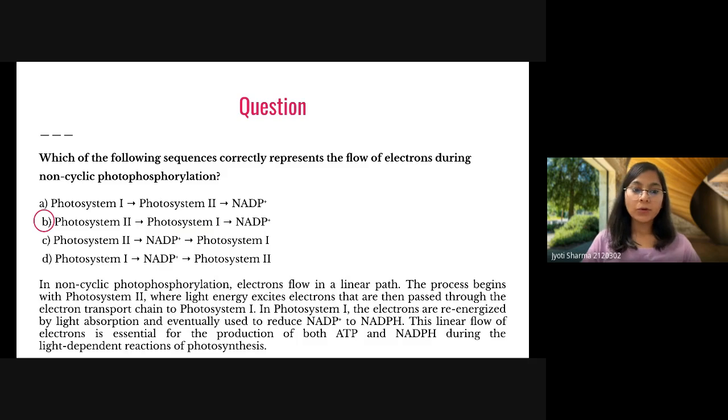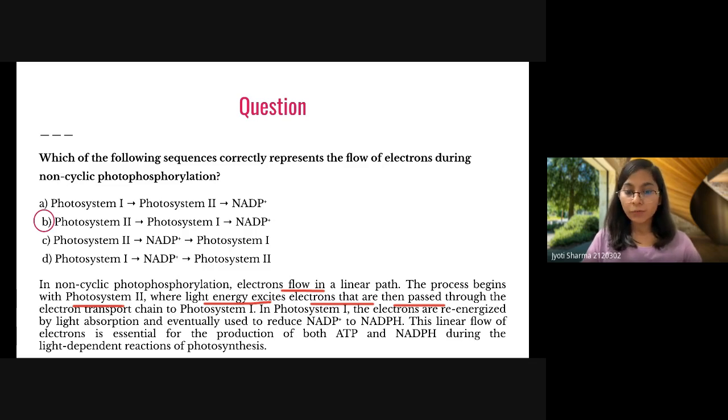So in non-cyclic photophosphorylation, electron flows in a linear path. This process begins with photosystem 2, where light energy excites electrons that are then passed through the ETC, that is the electron transport chain, to photosystem 1.